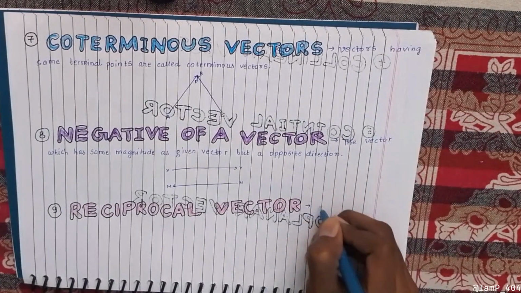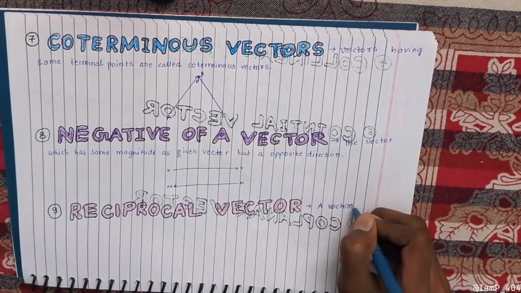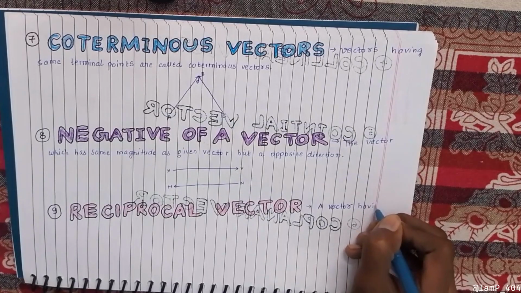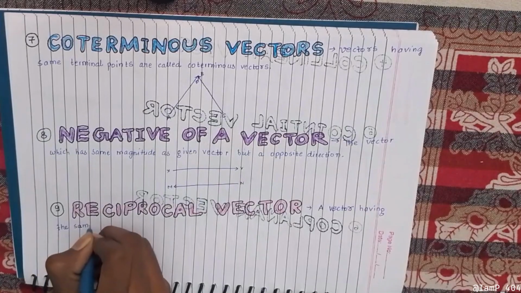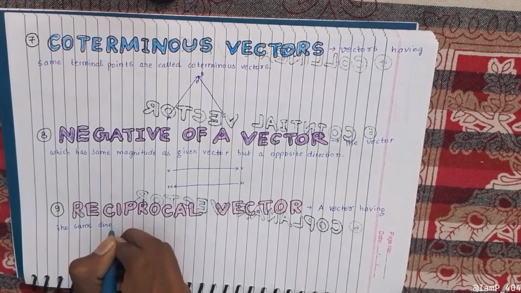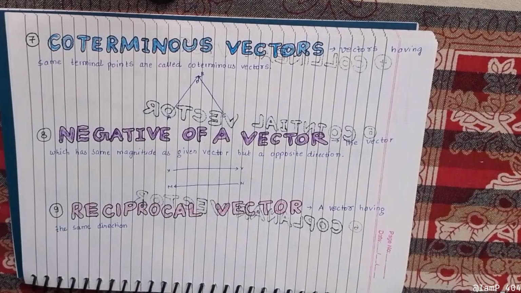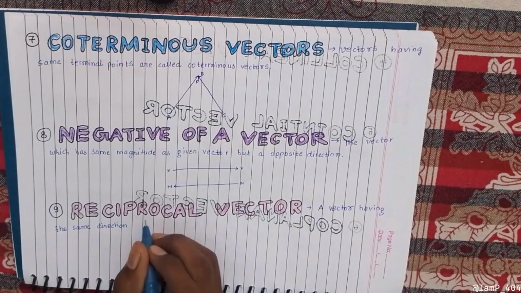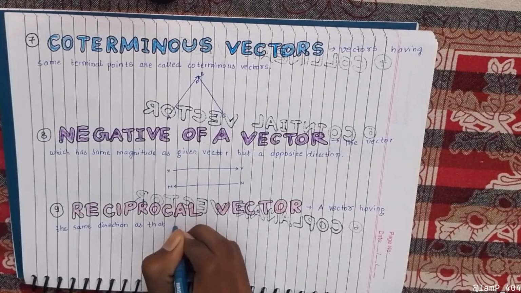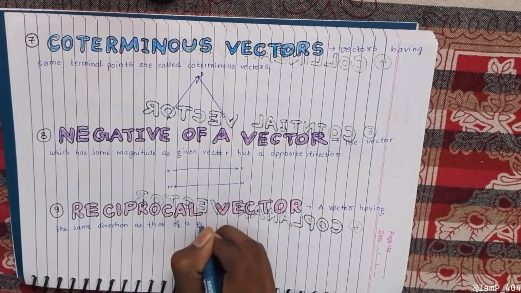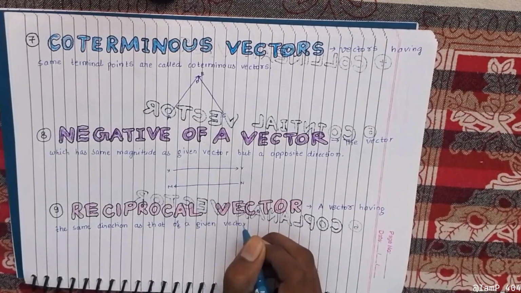For example, what this one is saying: a vector having the same direction as that of a given vector, but its magnitude is the reciprocal of the given vector.